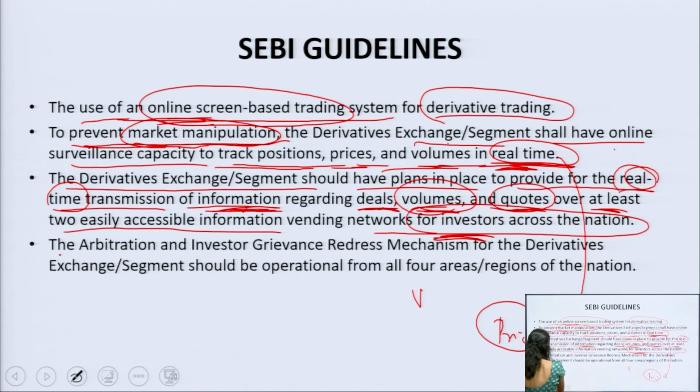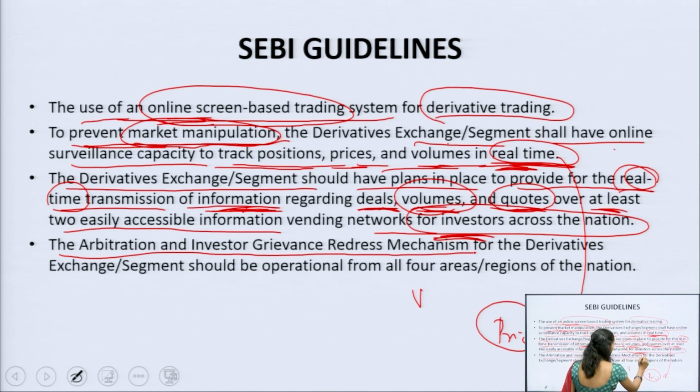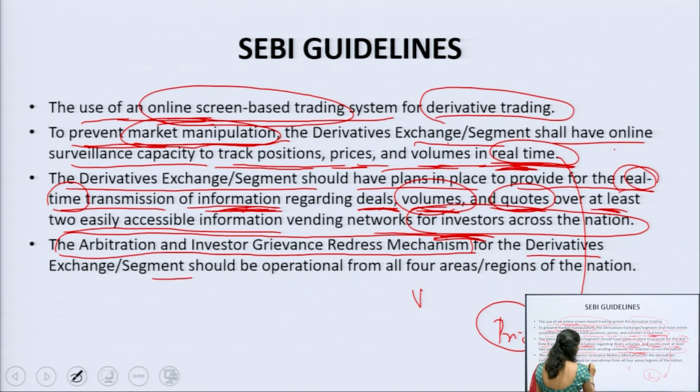Next is the arbitration and investor grievance redress mechanism. Okay, this is the point. The derivative exchange segment should be operational from all 4 areas of the nation. When we talk about investors, they can have some issues related to dealing with a particular person or trading on a particular platform.